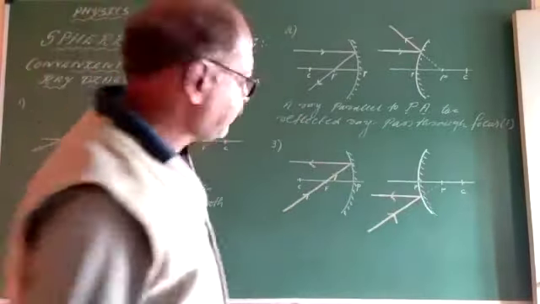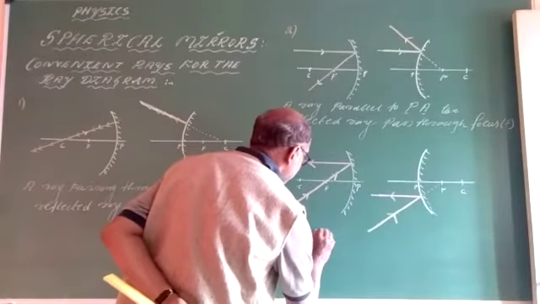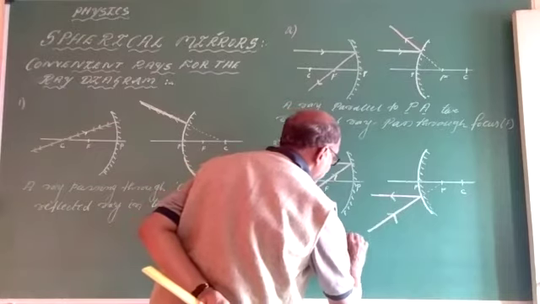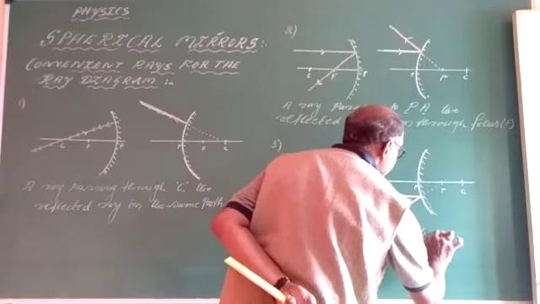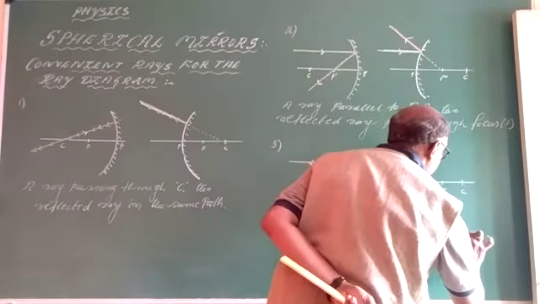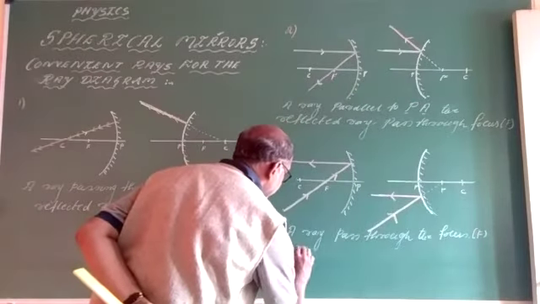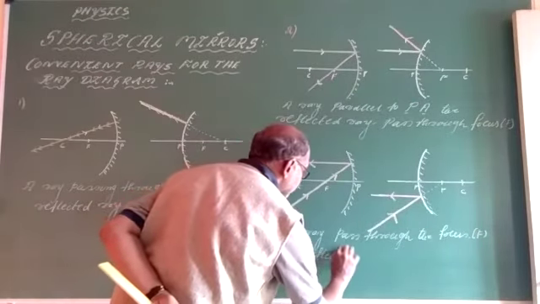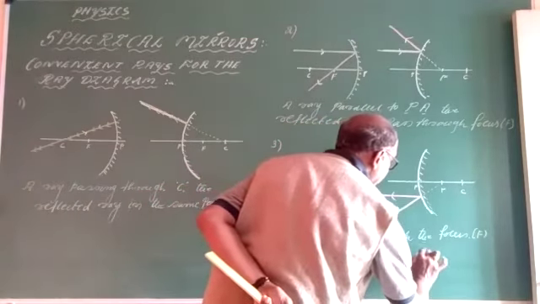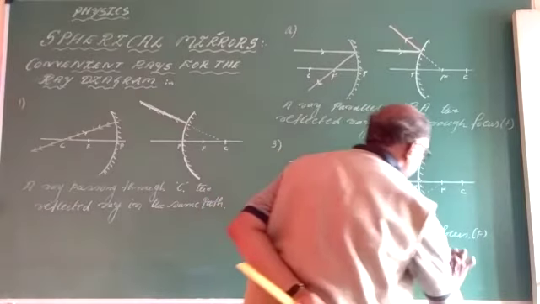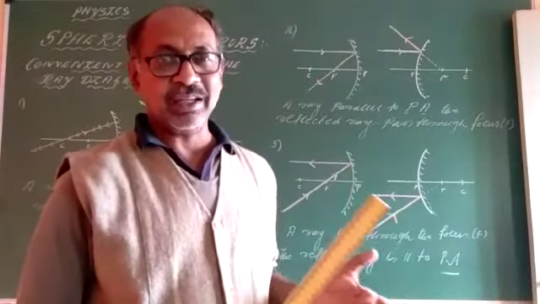What is the rule? An incident ray passing through the focus, that is F, is reflected parallel to the principal axis.